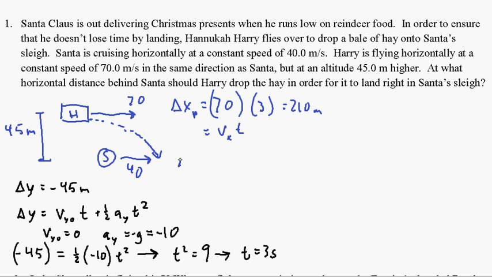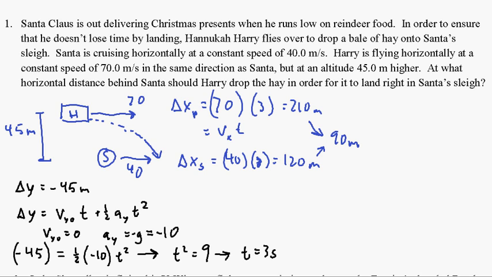Delta x for Santa, in the same amount of time, is 40 times 3, which is 120 meters. So Santa goes 120 meters, Harry goes 210 meters, and the package goes 210 horizontally. So the answer is that Harry should drop the package when he's 90 meters behind Santa.